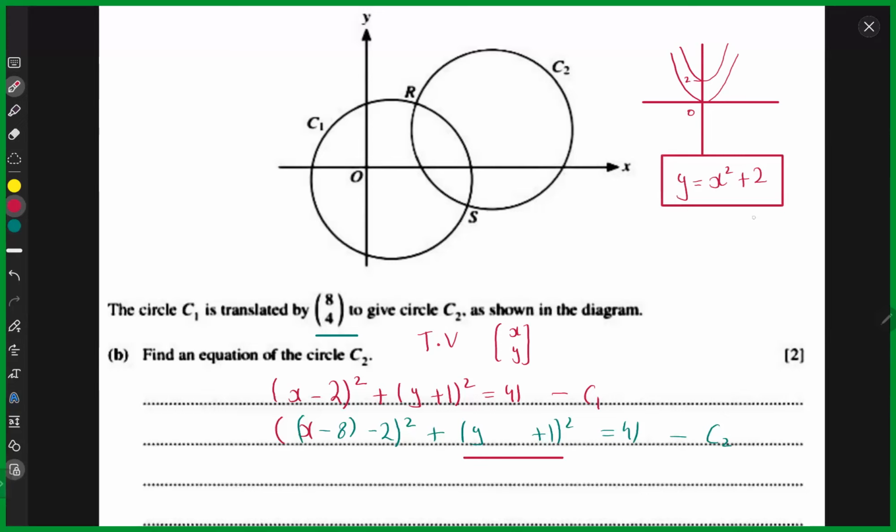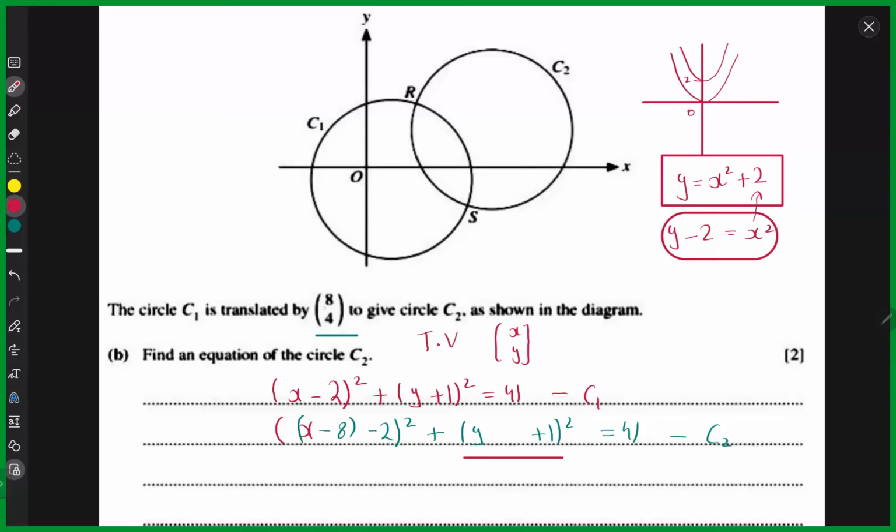But if you look at this 2, it was not directly coming with y. This 2 was basically being added in the function. So if I want to see how exactly the equation would look like when I bring the change with y, that would have been y minus 2 equals x squared. So from the very beginning, the rules were the same.